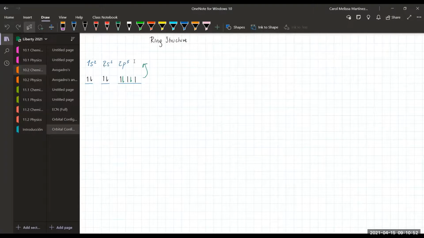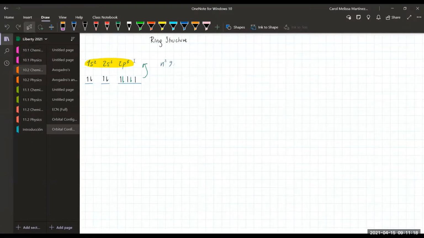Now, I didn't even mention what element this is. Just by taking a look at the configuration, what element is that one? Can you tell? Oxygen. It is number 9.